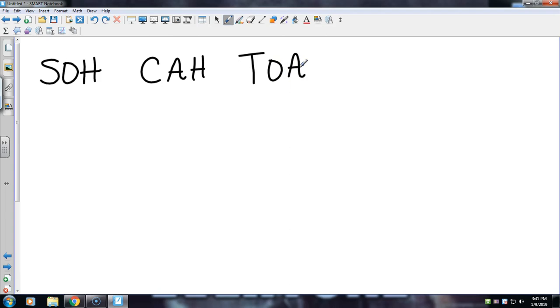Notice the first letter is S, C, and T in each of those three letter combinations. That's the sine, cosine, tangent. And this is pronounced so, ka, toa. And here's what it stands for. I'll put a little legend over here. O is for opposite.